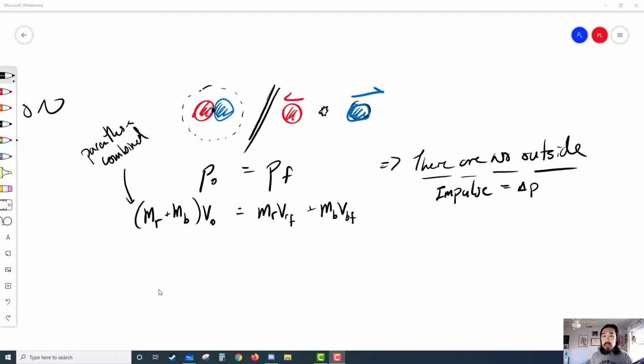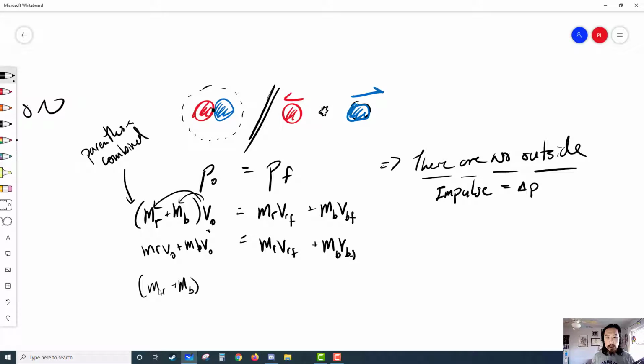The reason I say that is because technically we could distribute this initial velocity so that it looks like this: m_r v_o plus m_b v_o is equal to m_r v_rf plus m_b v_bf. But to make things simple, I like to always use the parentheses method just so that we can see that it is two objects combined into one.